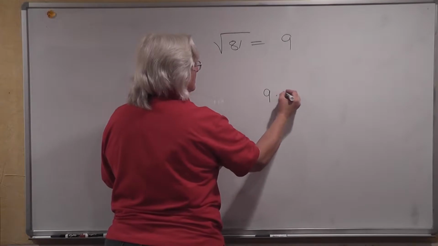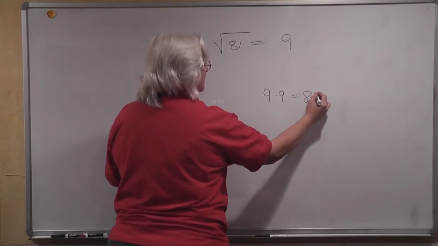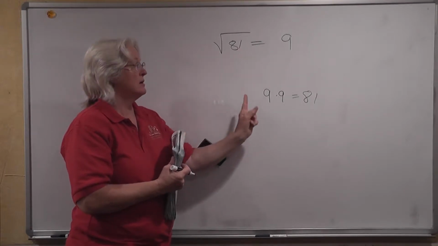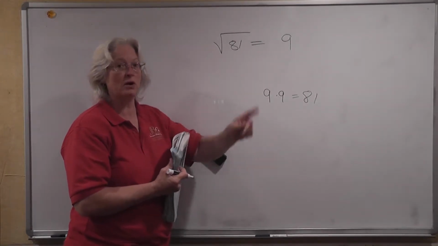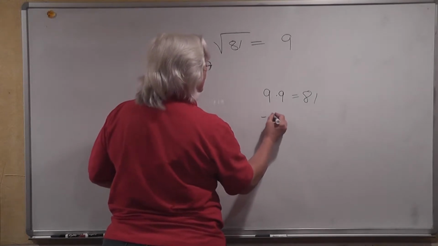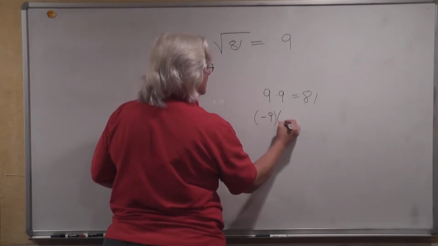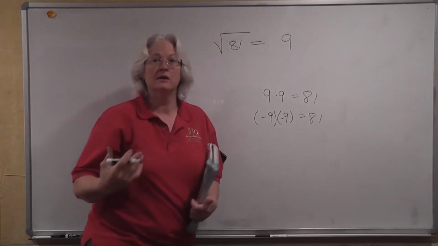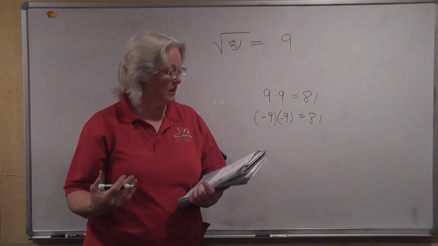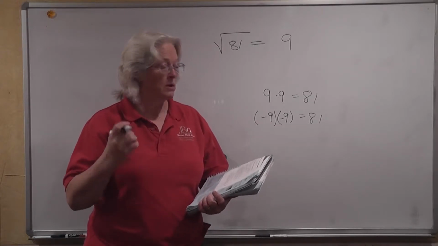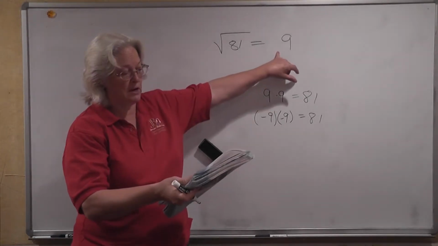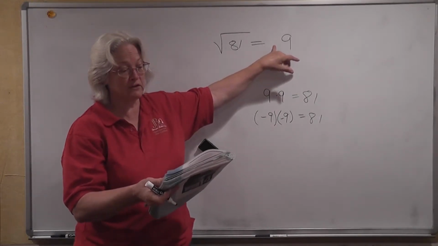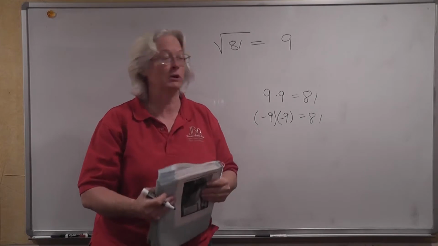So 9 times 9 is going to be equal to 81, isn't it? Square root of 81, 9 times 9 is equal to 81. But it's also true that negative 9 times a negative 9 is equal to a positive 81 as well. So your square root can be a positive or a negative 9. So it has two possible answers.